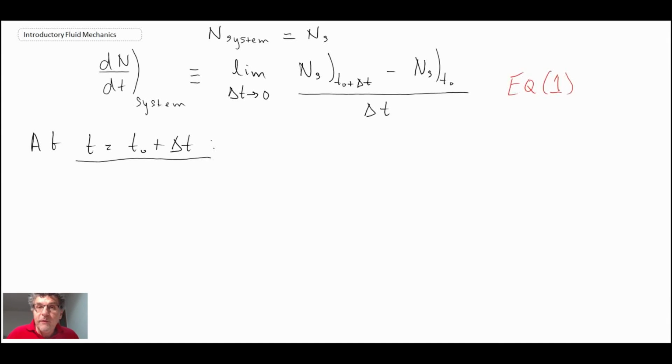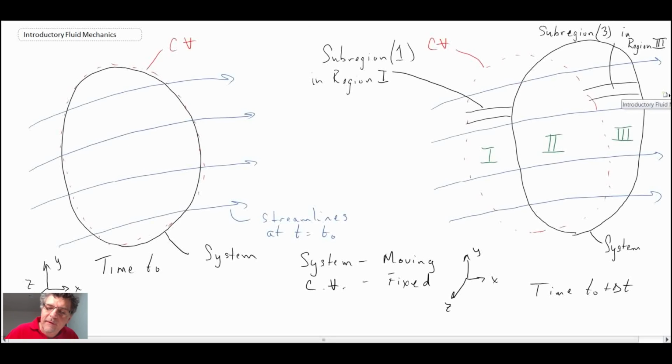I'm going to refer to our schematic in coming up with this expression, but we want to know what is contained within our system at t0 plus delta t. Referring back to our schematic, this would be the figure on the right-hand side.